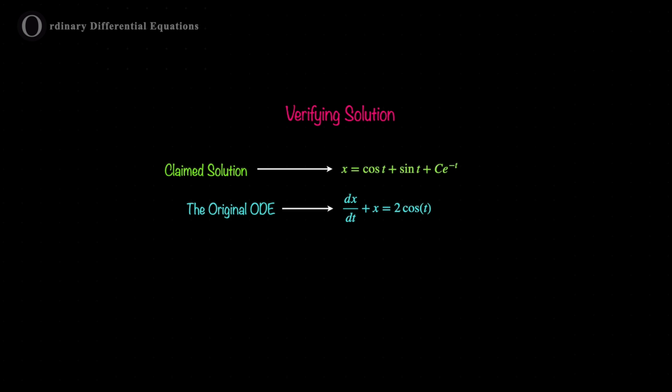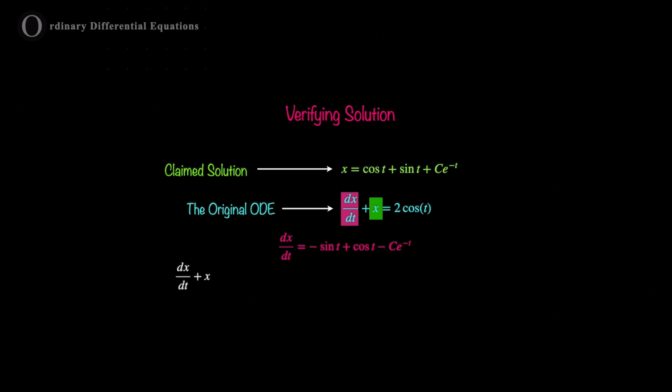Since we know that x is equal to cosine of t plus sine of t plus c times e raised to negative t, we just need to find dx over dt by taking the first derivative of x. dx over dt is equal to negative sine of t plus cosine of t minus c times e raised to negative t. Now it's a matter of plugging it in.